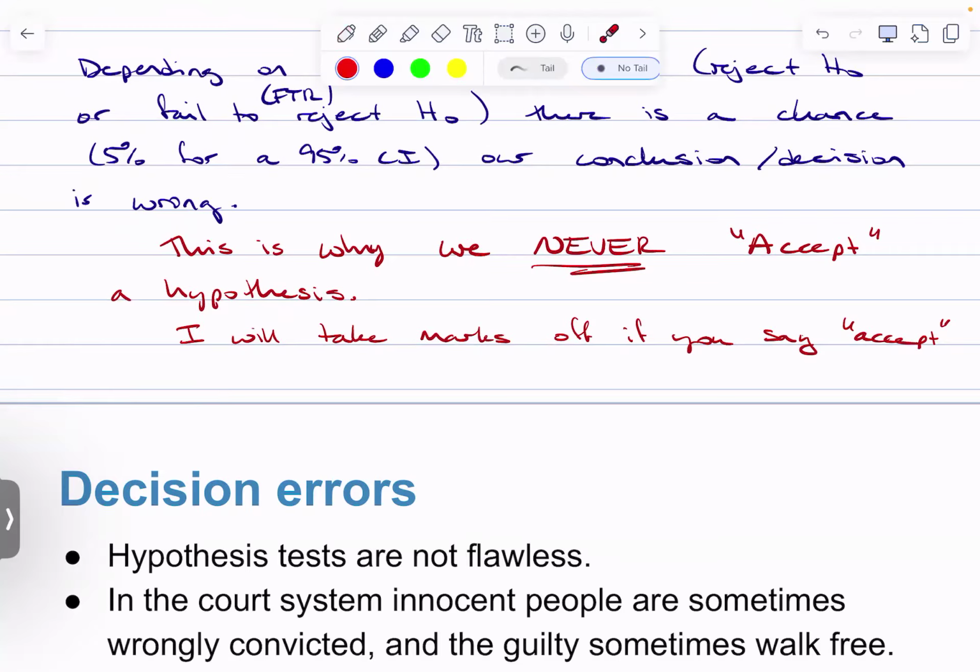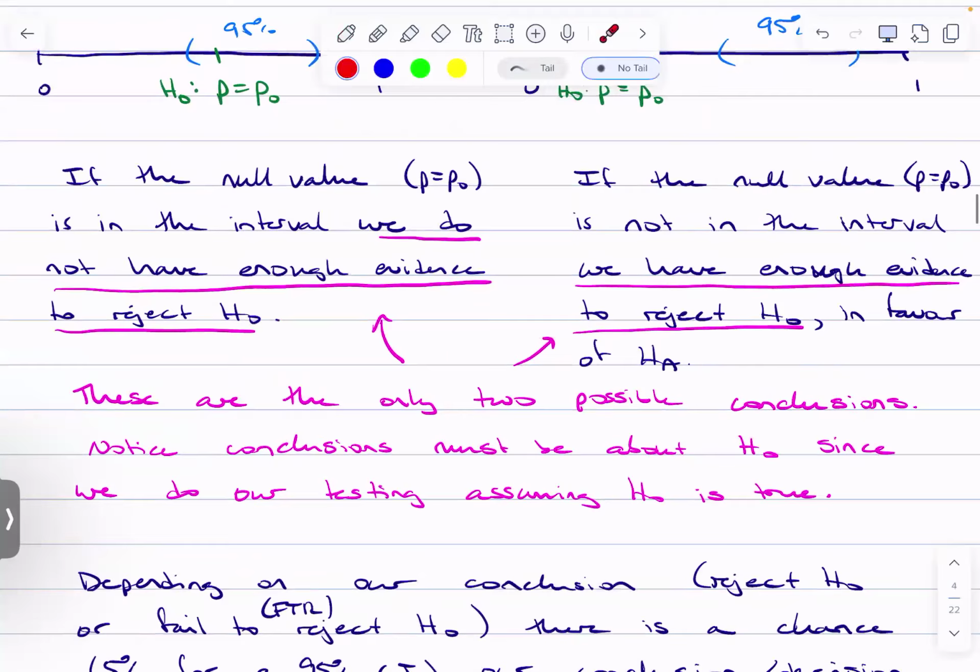So what are these decision errors? There are only 2 errors that I could make, right? I either say I do not have enough evidence to reject H naught. If I'm wrong here, what should I have done? I should have rejected H naught, right? Or if I say I have enough evidence to reject H naught, then if I'm wrong, I shouldn't have rejected H naught, right? And so those are only two scenarios.